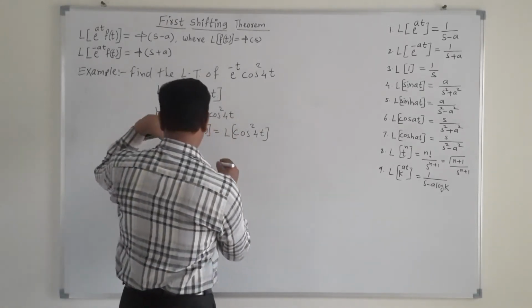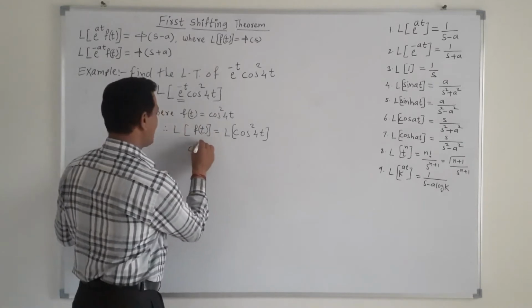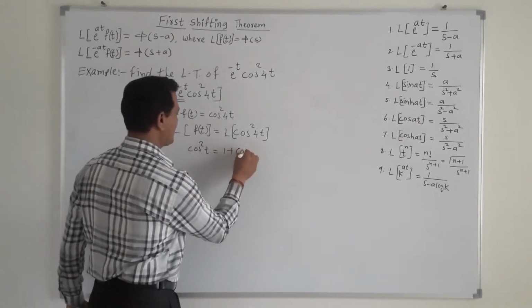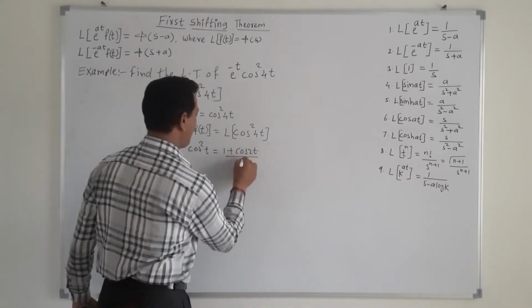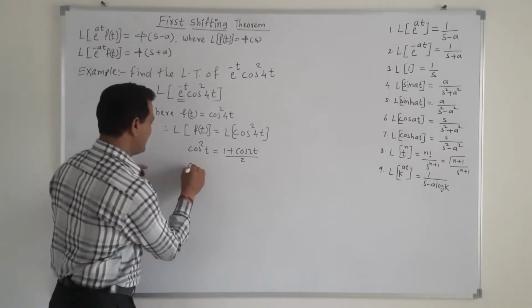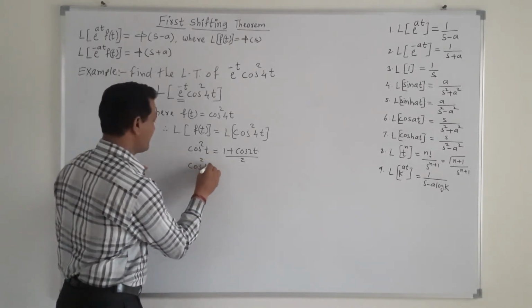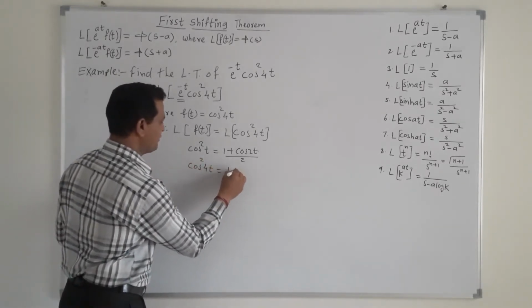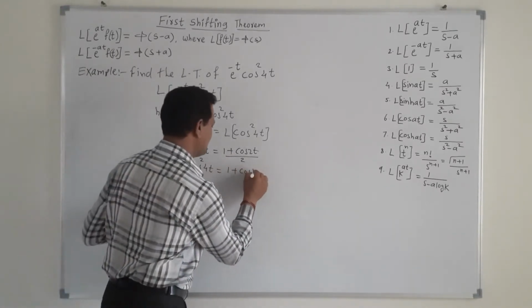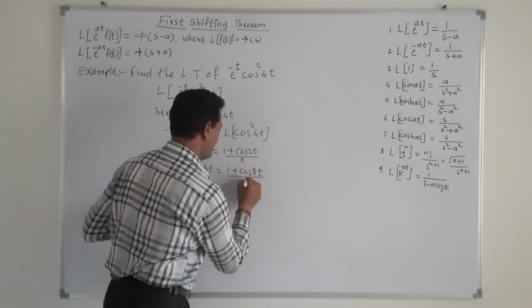We know that cos square of t is equal to 1 plus cos of 2t upon 2. If we apply this concept here, we get cos square of 4t is equal to 1 plus cos of 8t upon 2.